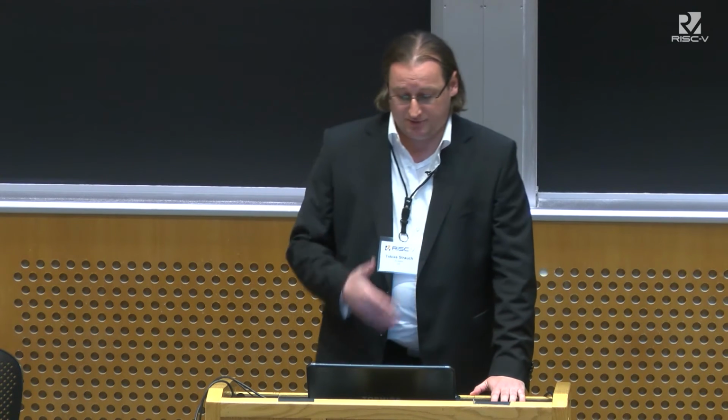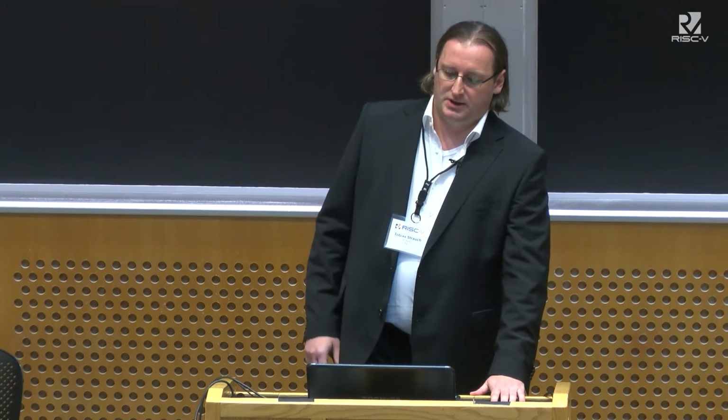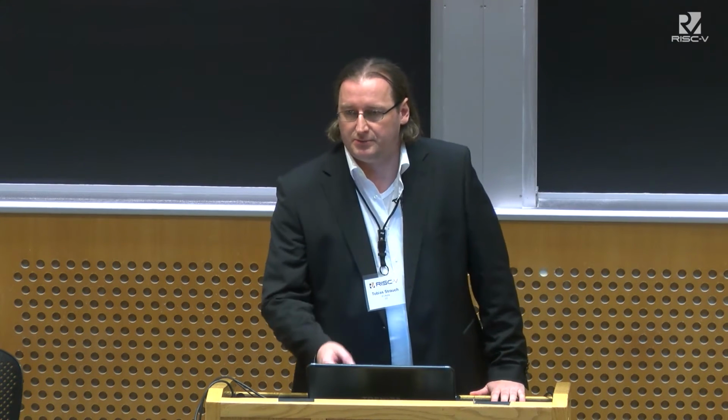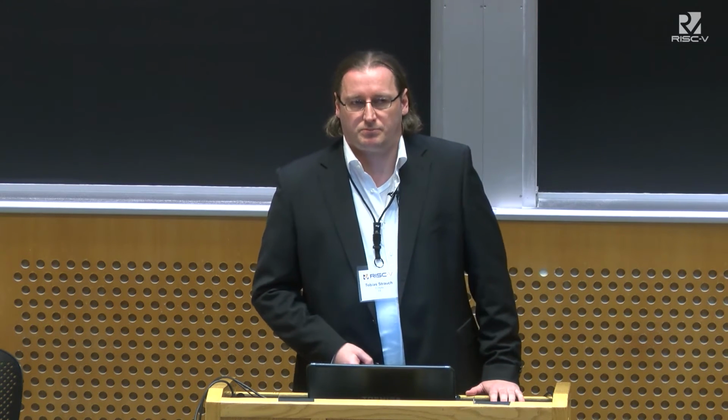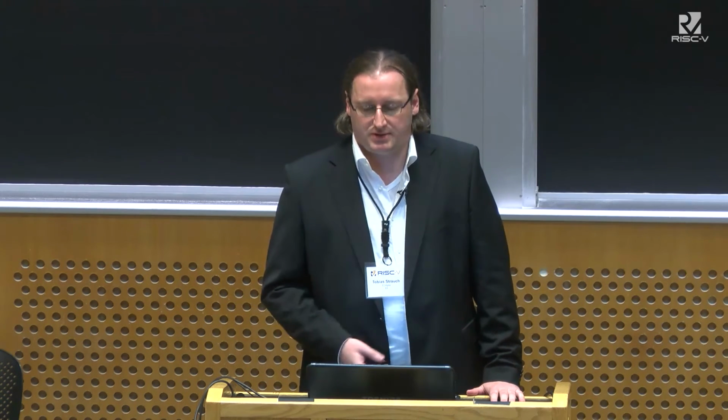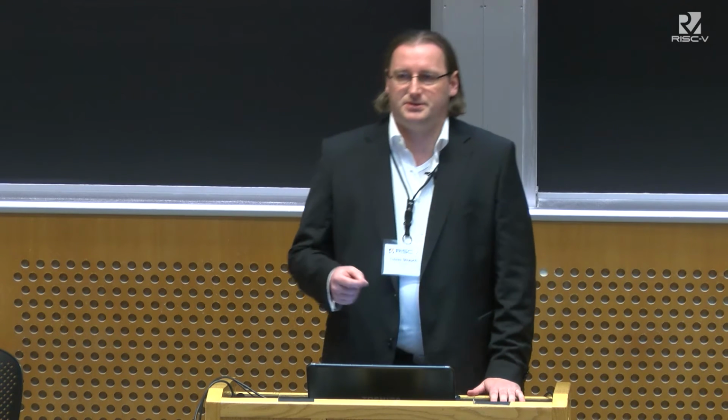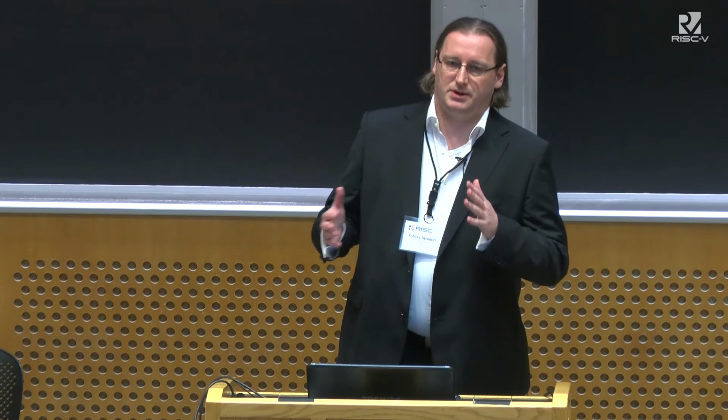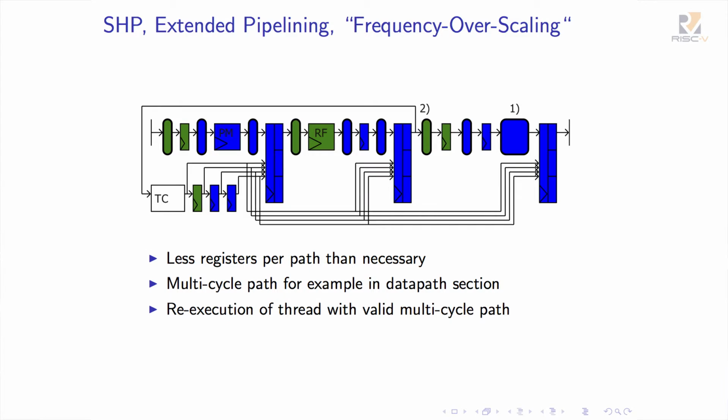Then you insert fewer registers into the path. You see if one of these multi-cycle instructions is actually executed. And in this case, you simply re-execute that thread. So these are two methods to improve system hyperpipelining on top of the original modifications I told you.